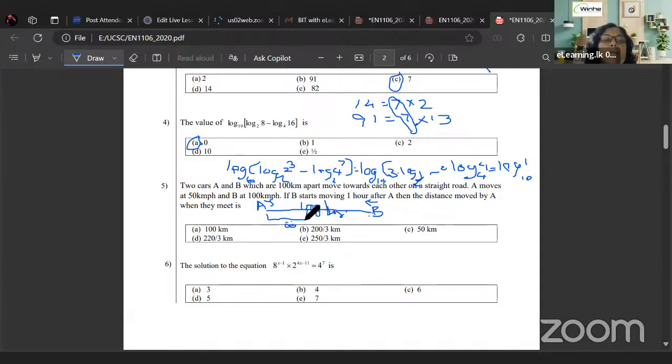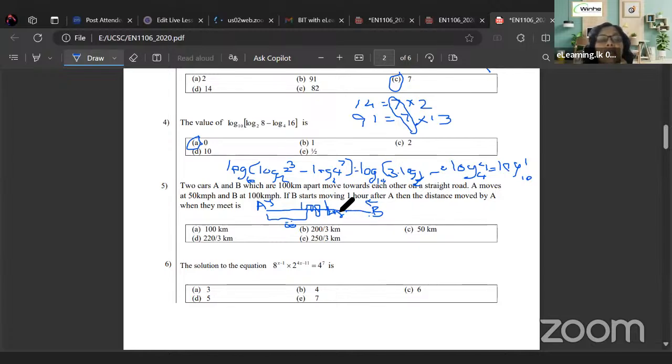Next, when B goes 25, A comes 25 divided by 2 distance. So now A is at 50 plus 25 divided by 2.